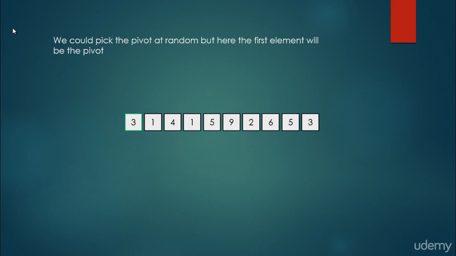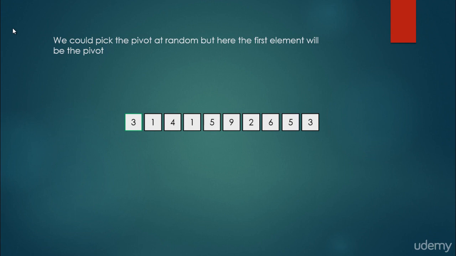So the pivot is the 3, and we keep comparing the items and checking whether each is greater or less, because the aim of this approach is to separate the array into numbers that are greater than our pivot element and numbers that are less than our pivot element.